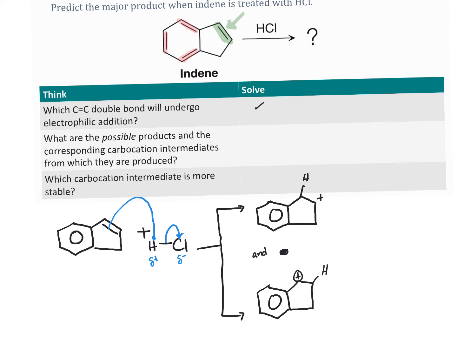Now, there is no difference in the number of hydrogens. And so both of these would be secondary carbocations. But we have to ask ourselves, is there anything else that can help stabilize one of these over the other? And there is.